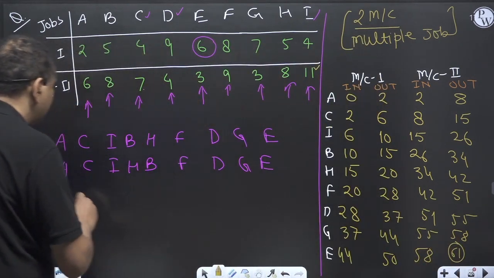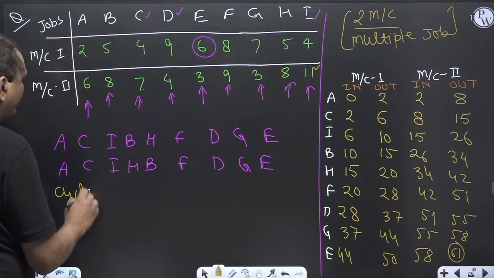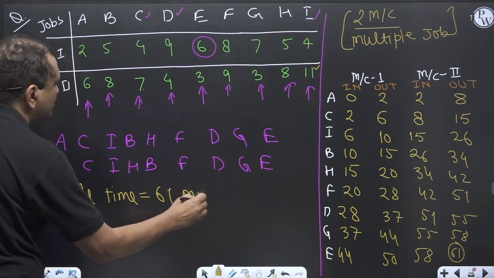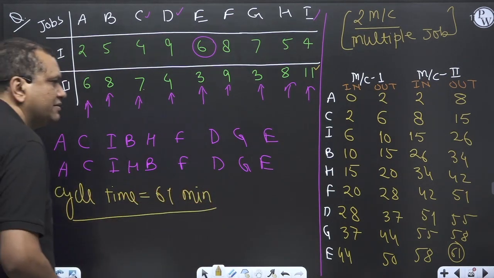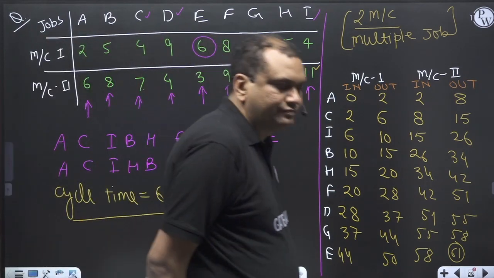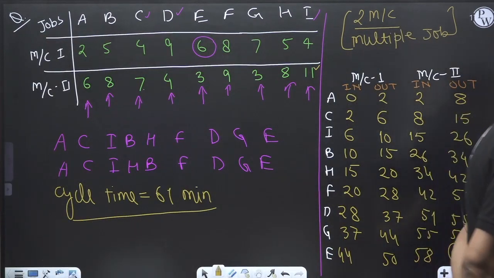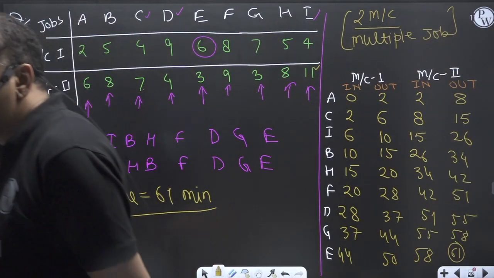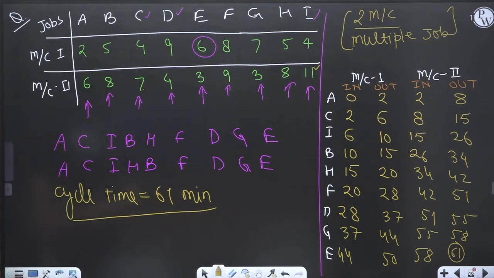So cycle time is 61 minutes. Okay? Cycle time is 61 minutes.